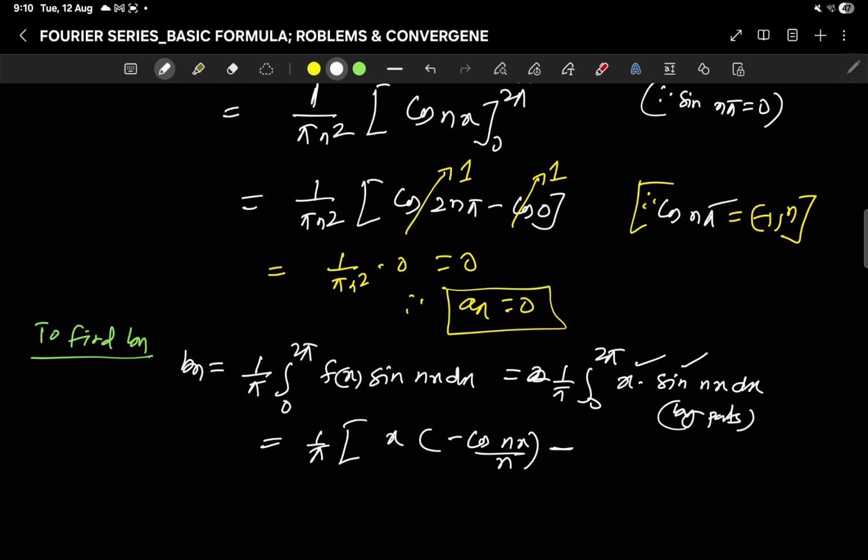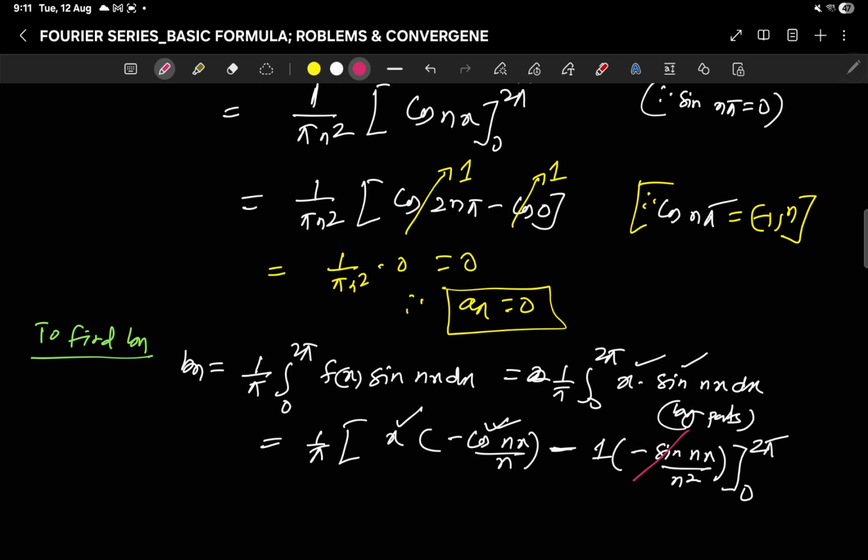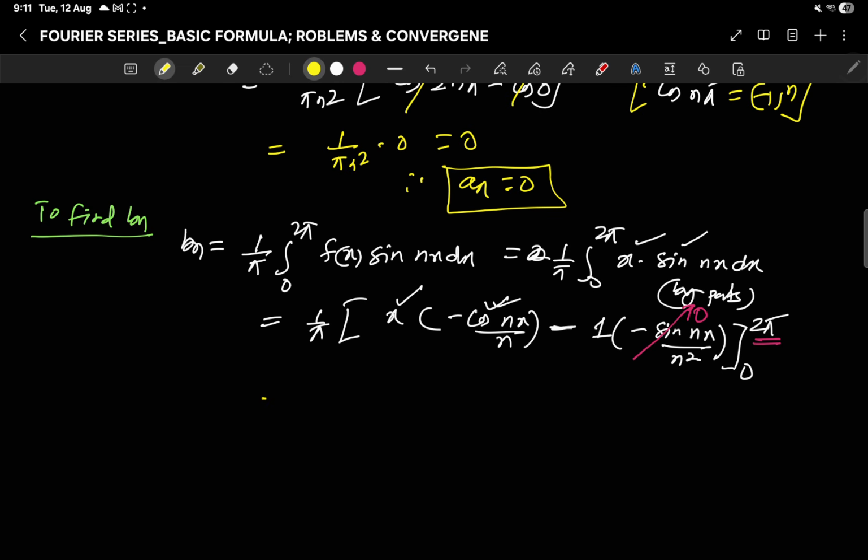Put a negative sign here, derivative is 1 and integration of this is minus sin nx by n square, right, from 0 to 2 pi. Now you see sin 0 is 0 and sin n pi is 0. So this will be 0, only this term will persist. Now this 0 will not work because 0 into something is 0. So only this is minus of 1 by n pi.